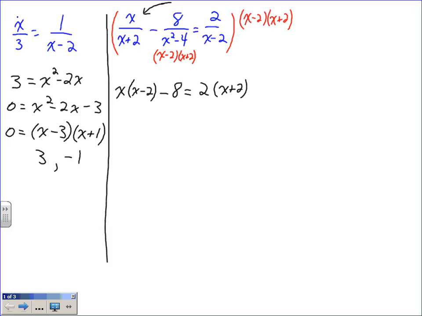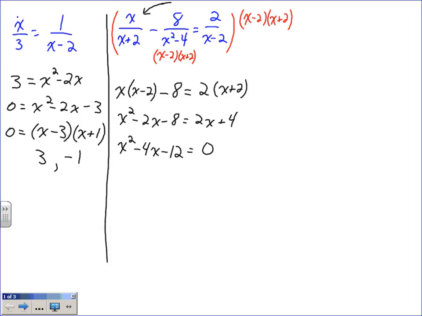So let's go ahead and simplify that. x squared minus 2x minus 8 equals 2x plus 4. Setting the equation equal to 0, I have x squared, subtract 2x from each side, and subtract 4 from each side.